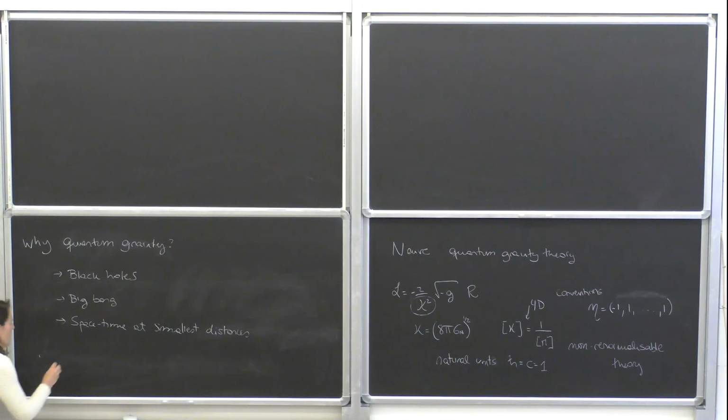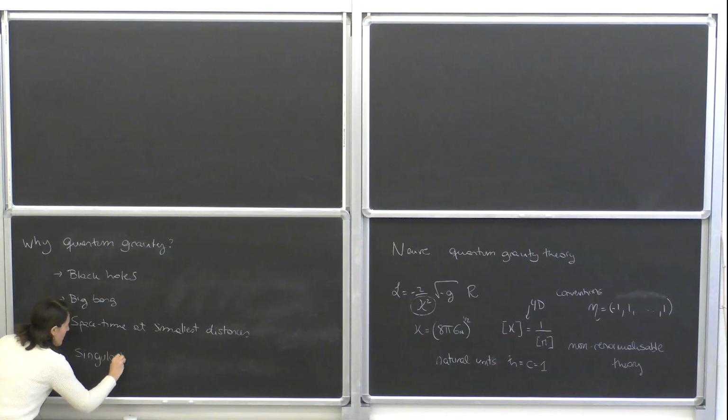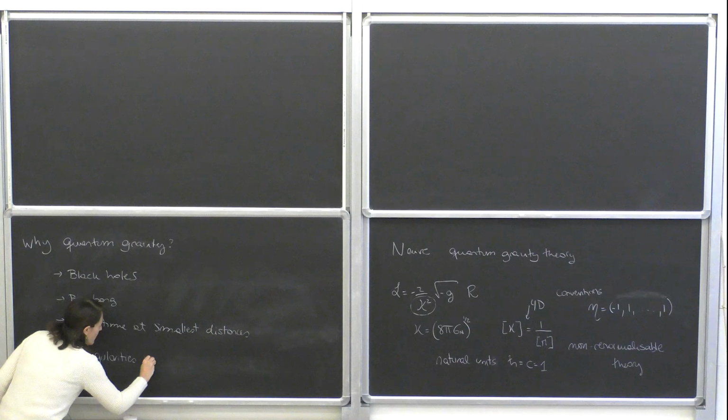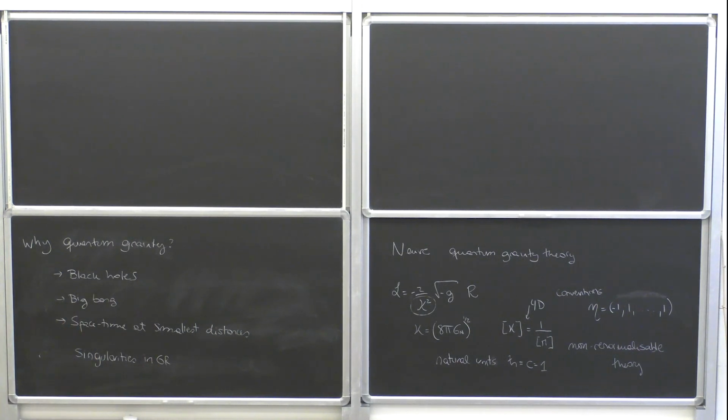These are all singularities. Black holes, the Big Bang, and space-time at the smallest distances are all singularities that appear in general relativity. Again, instances where gravity is very strong at small scales.